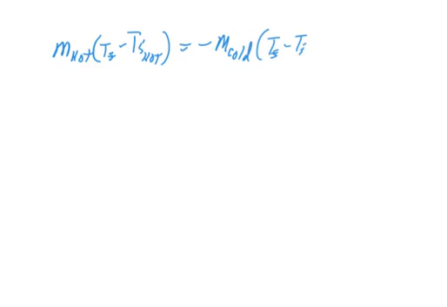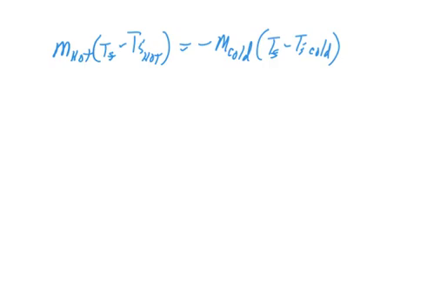All right, so where we left off was M of the hot, T final minus T initial of the hot equals negative M cold, T final minus T initial of the cold. All right, so let's do some algebra. I want to bring the M of the cold over first. So, and multiply it through.